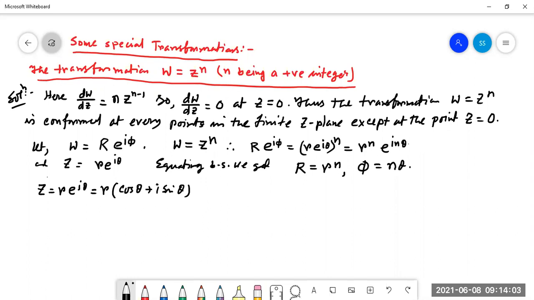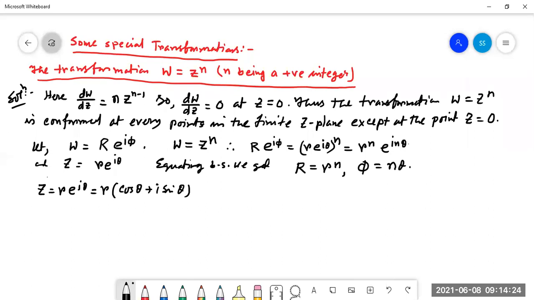So we are taking the polar form here as the power n is given, right? So for both W and Z we are taking the polar form. Now putting this here, we get capital R e to the power I phi equal to small r e to the power I theta whole to the power n. That gives us r to the power n e to the power I n theta.